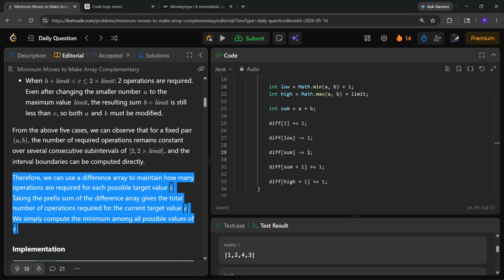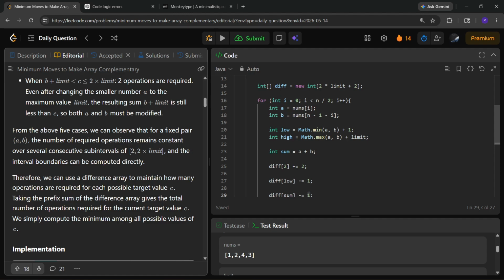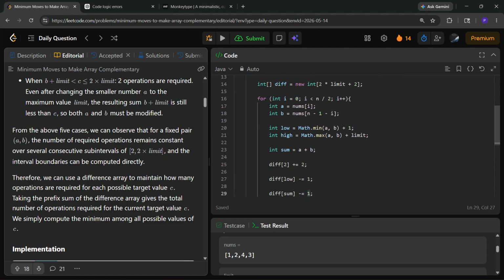Therefore, we can use a difference array to maintain how many operations are required to reach each possible target value of C. I can reach, for example, okay, I will look into this a little bit now.